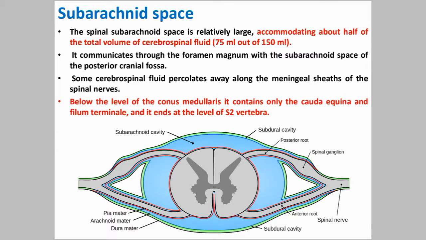Some cerebrospinal fluid percolates away along the meningeal sheath of the spinal nerves. Below the level of the conus medullaris, the subarachnoid space contains only the cauda equina and the filum terminale, and it ends at the level of the S2 vertebra.